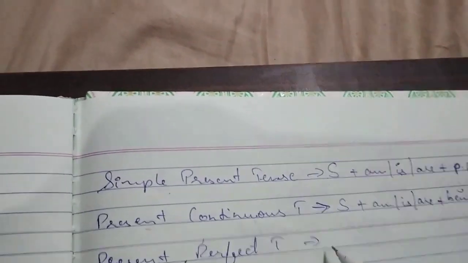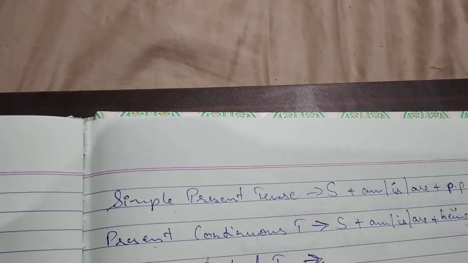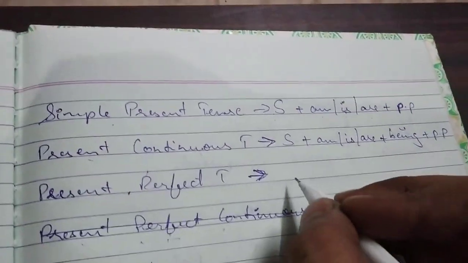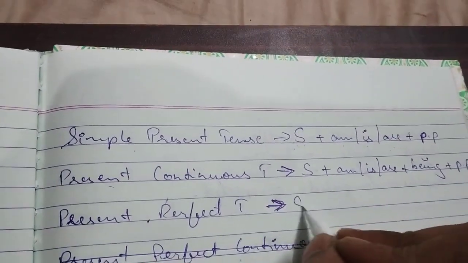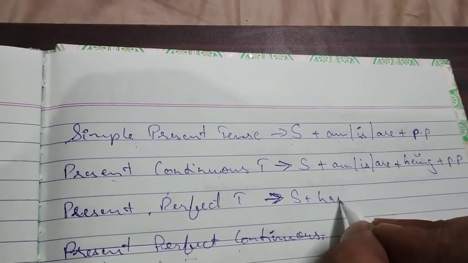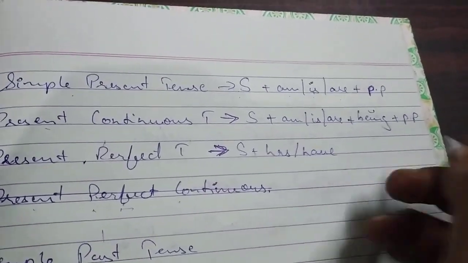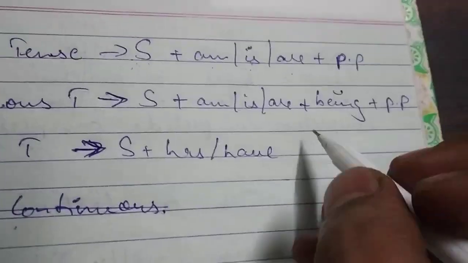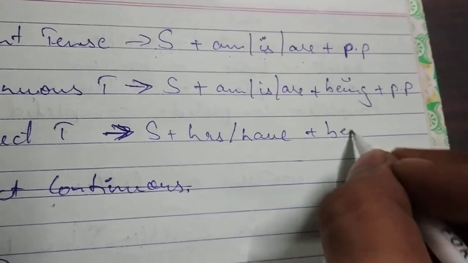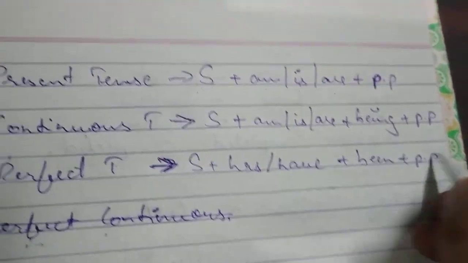So let me write every format for you, then you can solve the questions. Now for present perfect tense, what will be the format? Subject plus has, have plus been plus past participle.